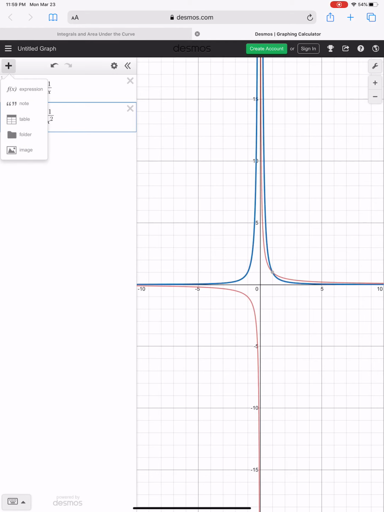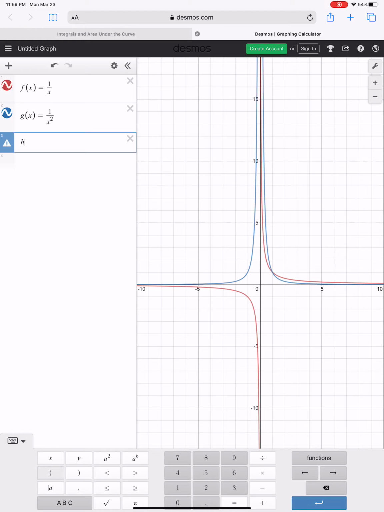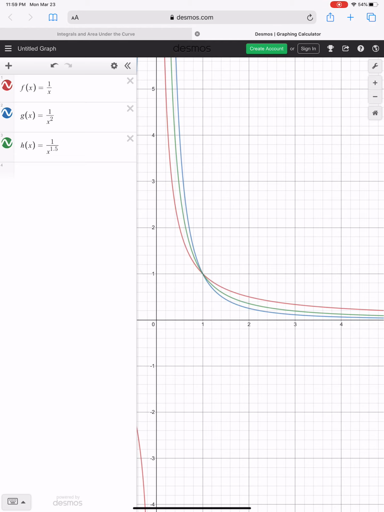And let's add a third one, h of x equals 1 over x to the 1.5. All right, so now let's zoom in and take a look here.